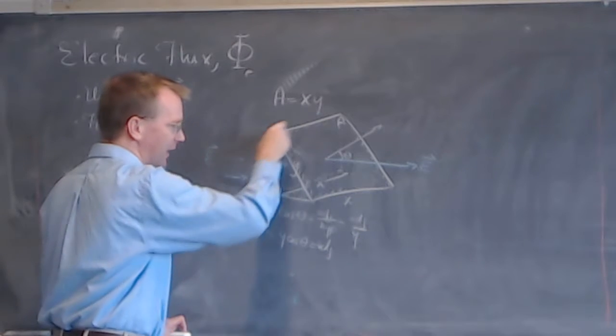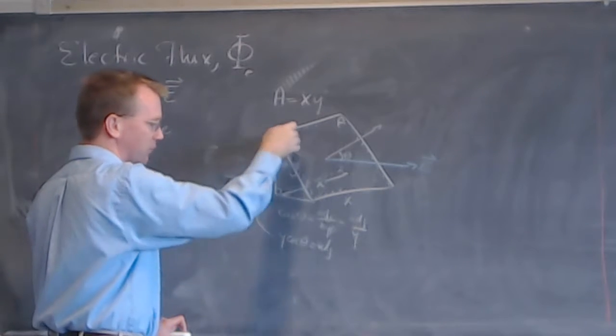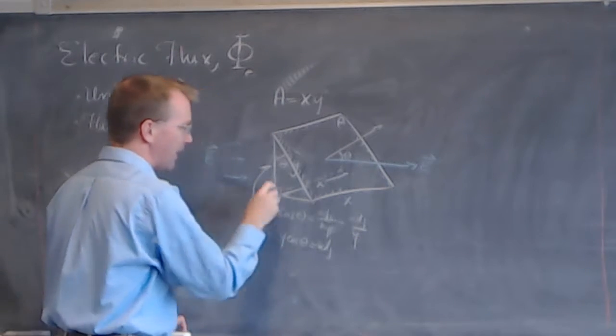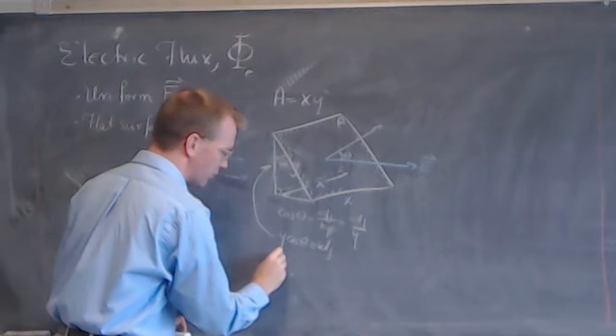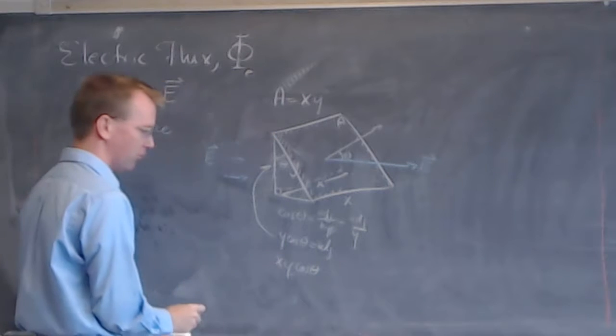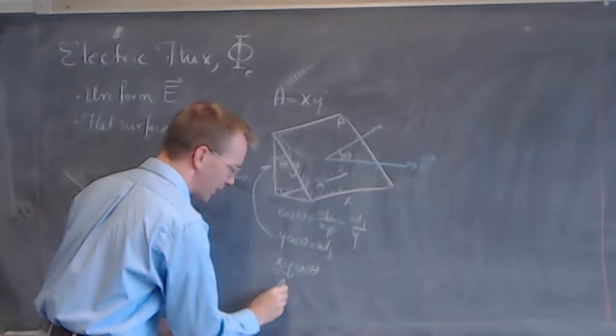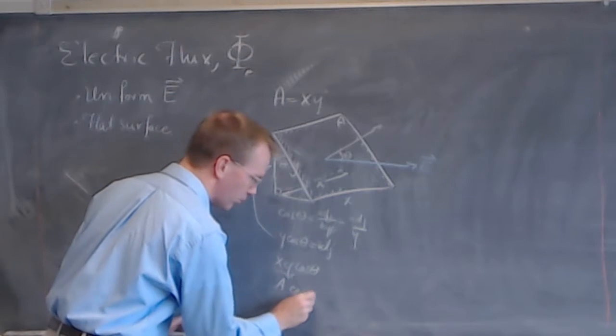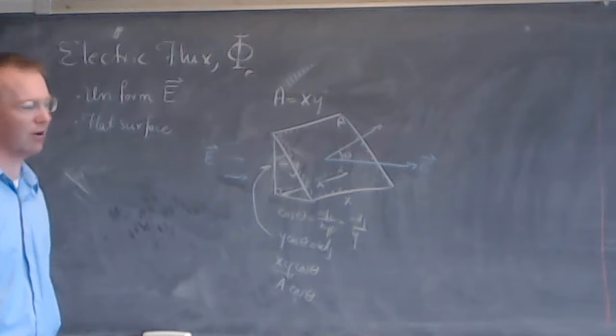So the area of that vertically hanging rectangle is x times y cosine theta, which is just A cosine theta, because A is x times y.